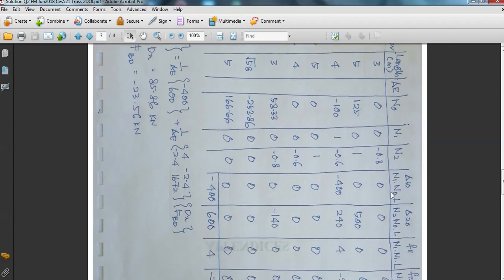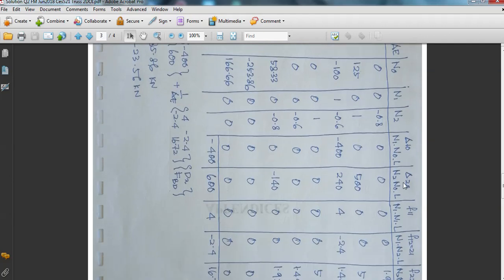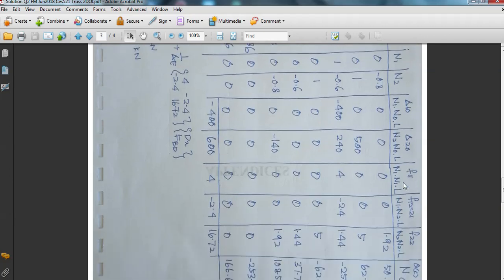Then next you can calculate the values delta 10, delta 20, F11, F12, F21, F22. How to calculate these values? For delta 10, you can refer to our notes.